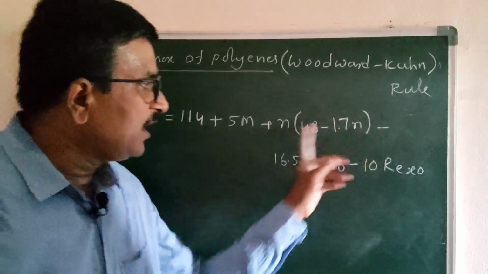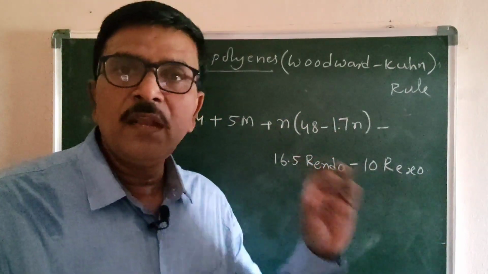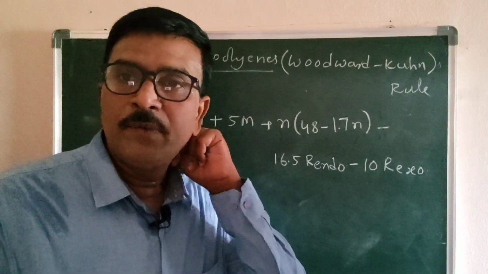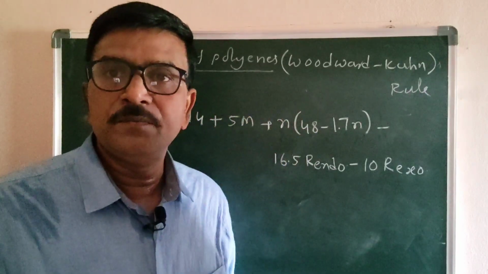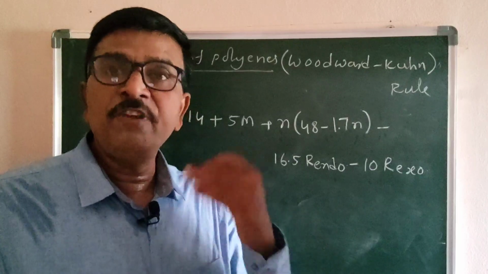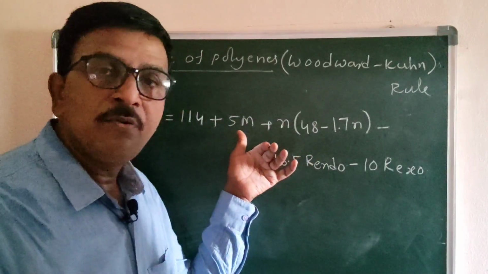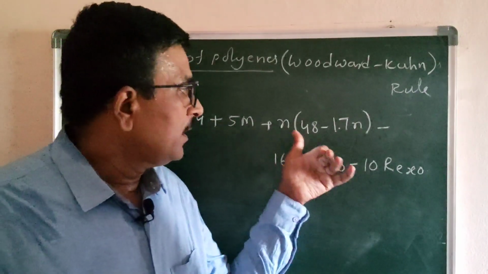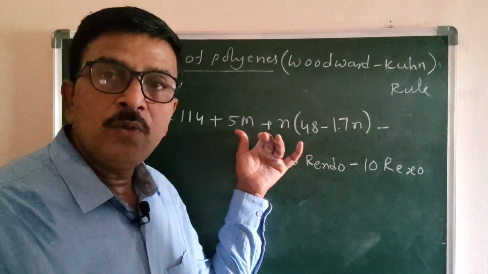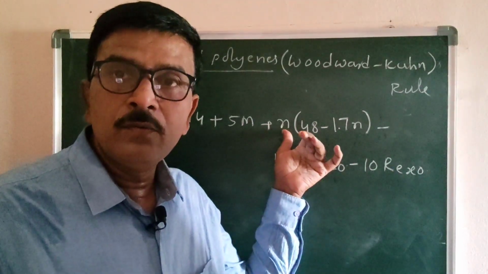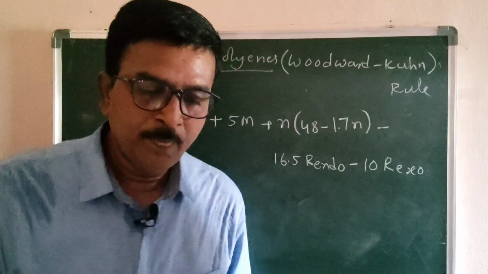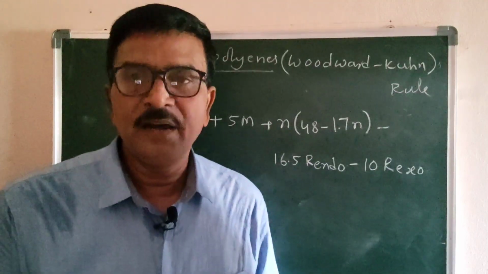So, using this equation, we can calculate the absorption maxima for polyenes. Simply, if we know the m value and n value, then we can calculate the absorption maxima for polyenes.